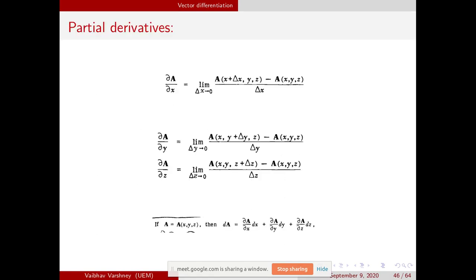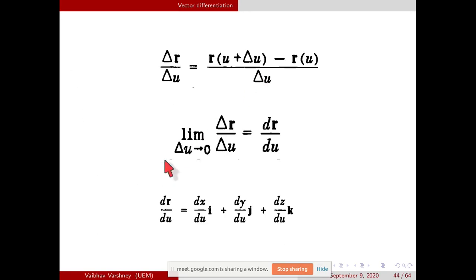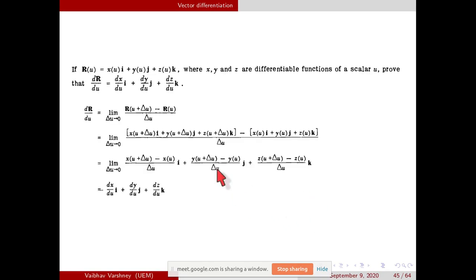Now this question shows this expression. See, this is again a question from Spiegel. So if r of u is given by x of u i cap plus y of u j cap plus z of u k cap, then we have to prove this expression.